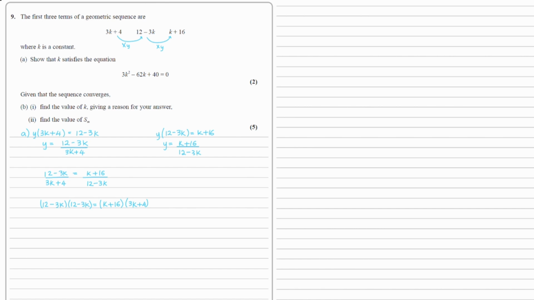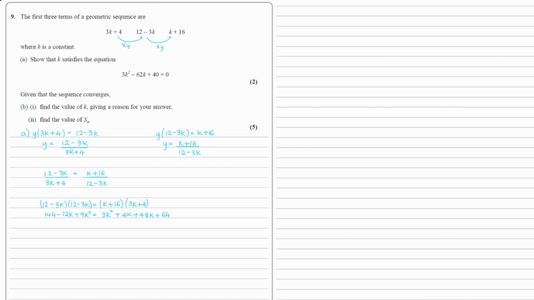If we now expand the brackets on each side, we get 144 minus 72k plus 9k squared is equal to 3k squared plus 4k plus 48k plus 64.